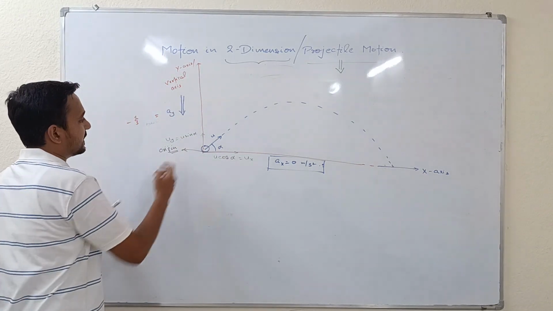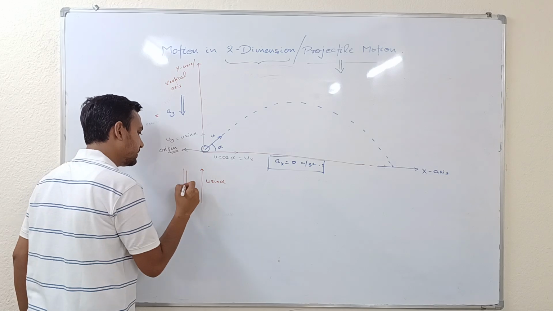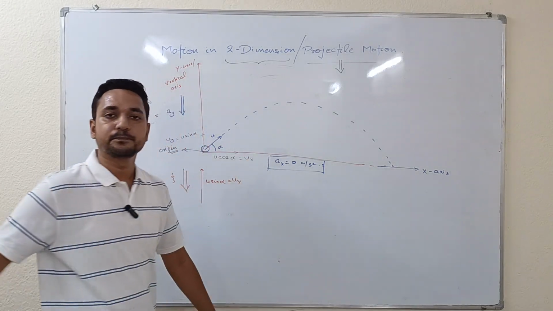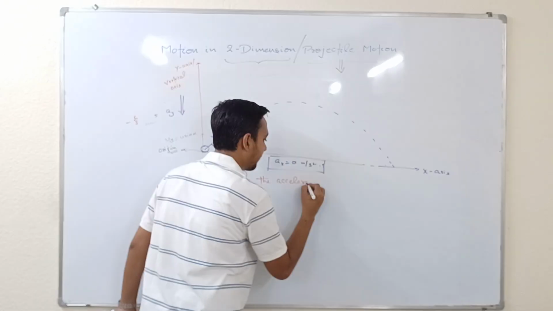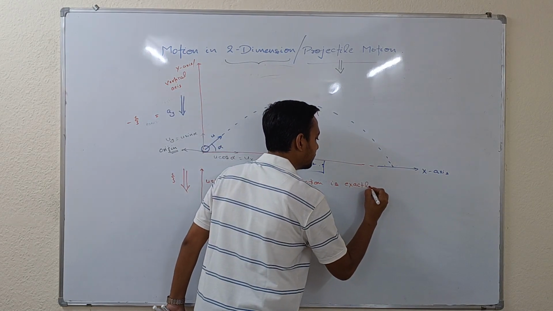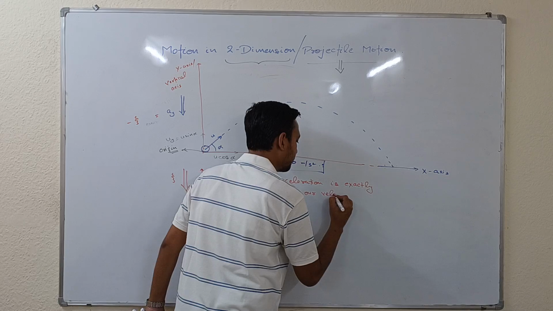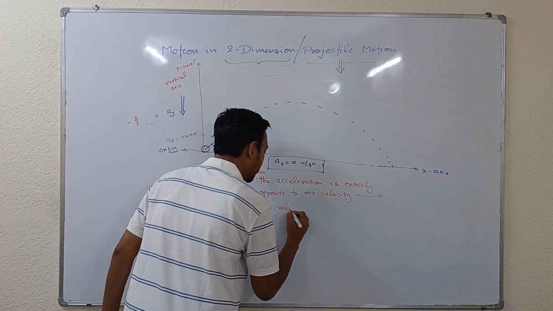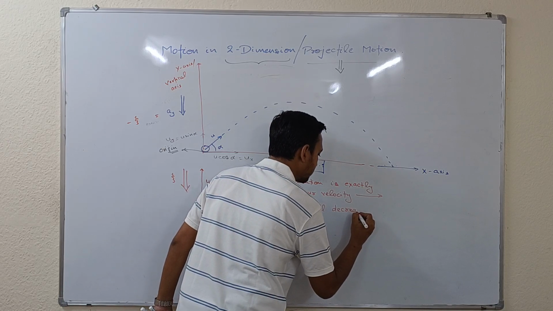Now, here I have seen that initial velocity is vertically upward, u sin alpha. Acceleration is always downwards, g. So in this case, what is going to happen? When the acceleration is exactly opposite to our velocity, then the magnitude of velocity will decrease, right?